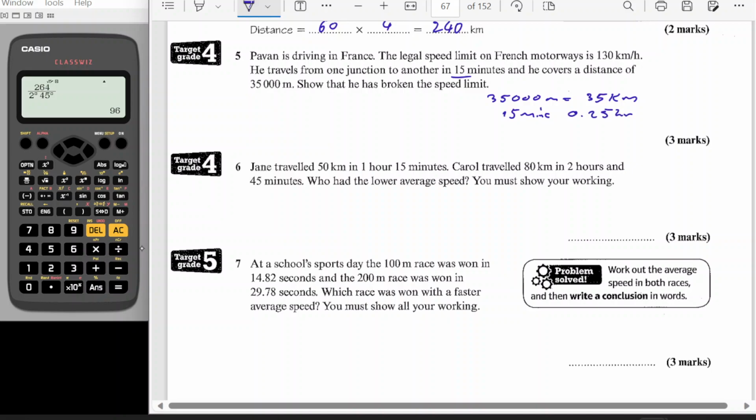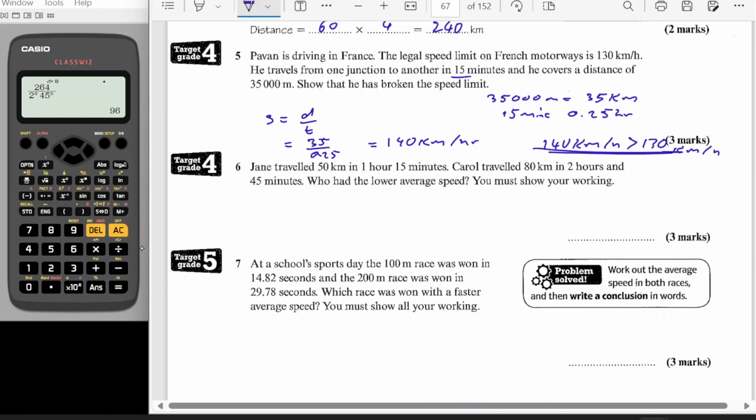So speed is equal to distance divided by time. In this case, we're looking at 35 divided by 0.25, which is going to be 140 kilometers per hour. And so, that's in effect it. So I'm going to say 140 kilometers per hour is greater than 130 kilometers per hour.